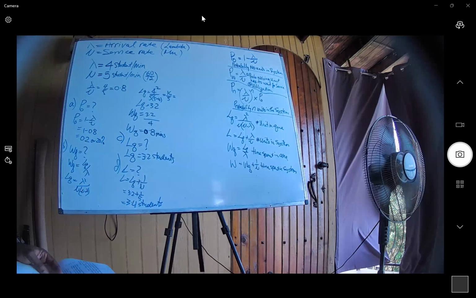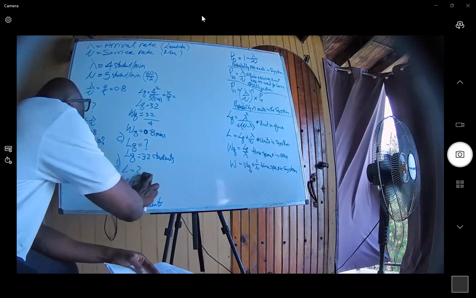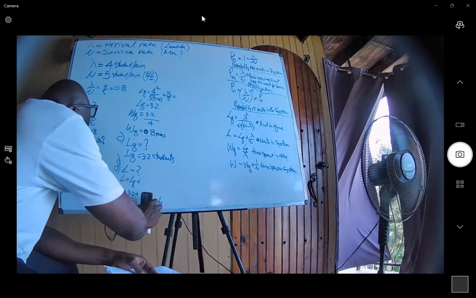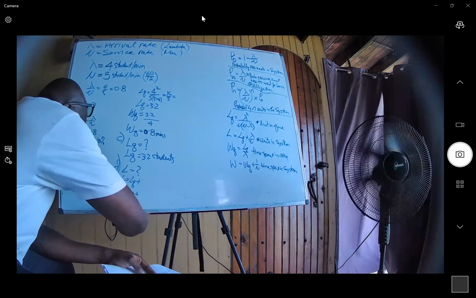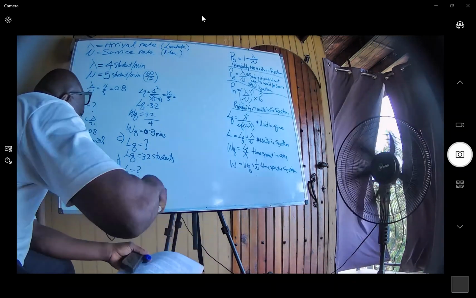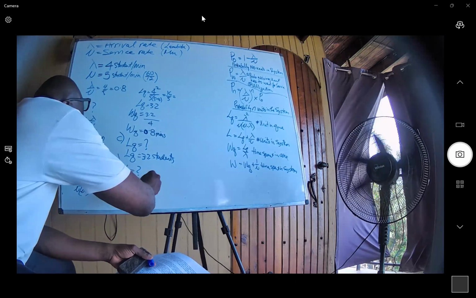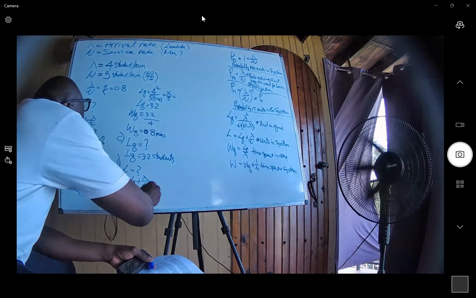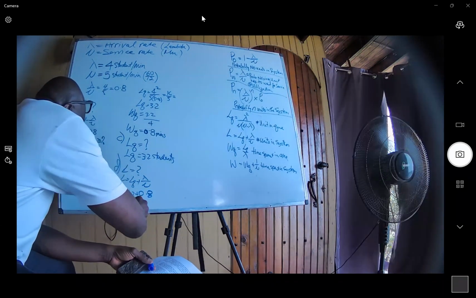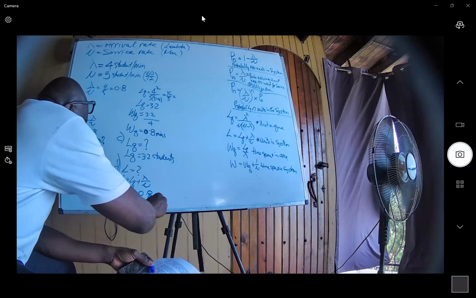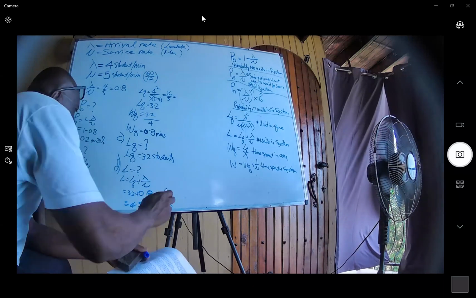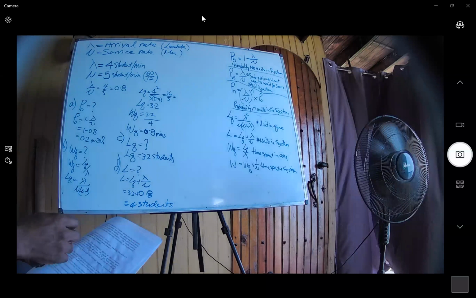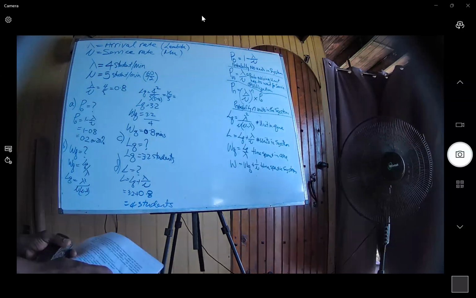Thank you, so this is incorrect. And you know lambda over mu is 0.8, so it's going to be equal to 4 students. All right, so that's it.